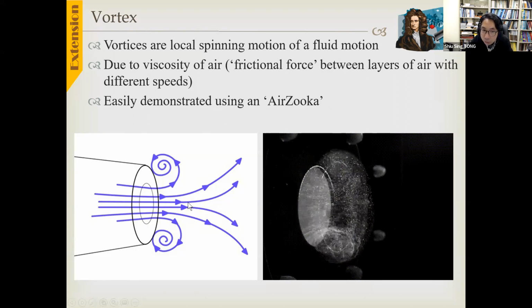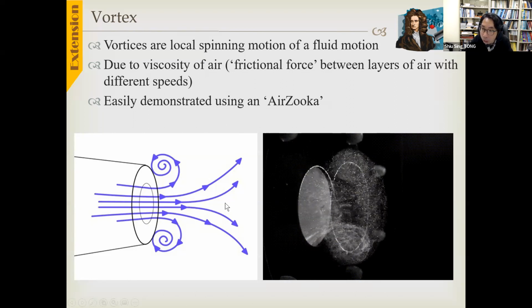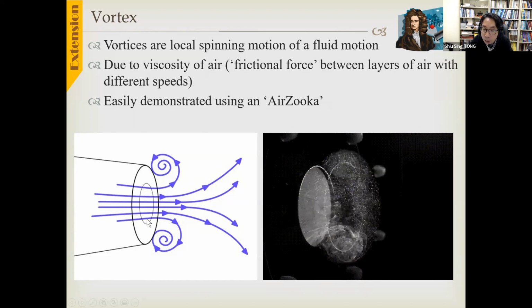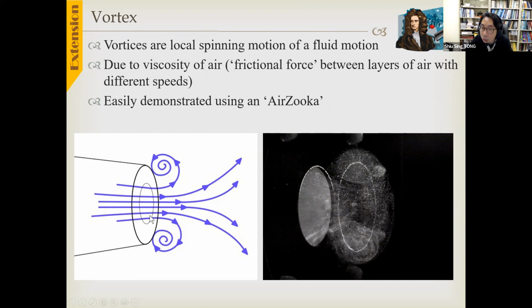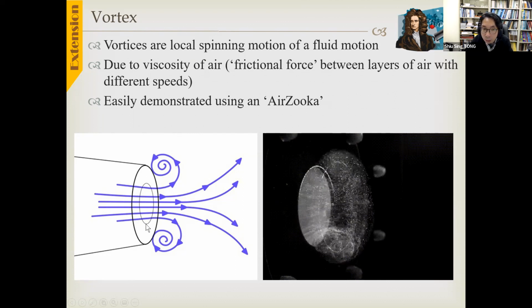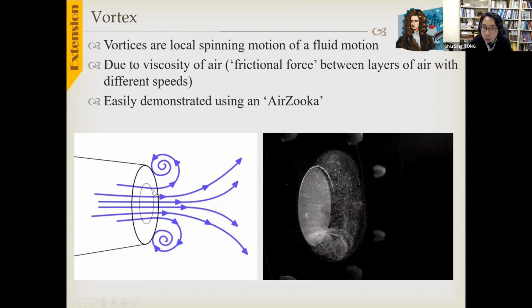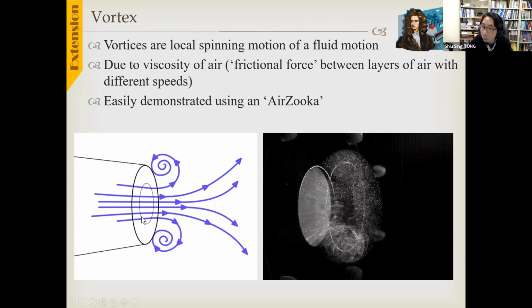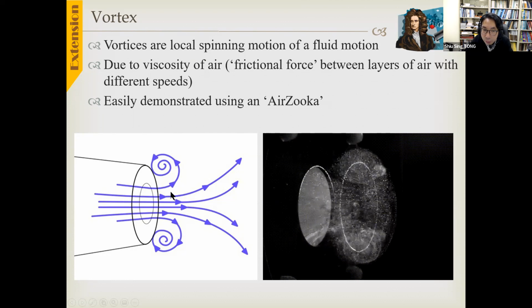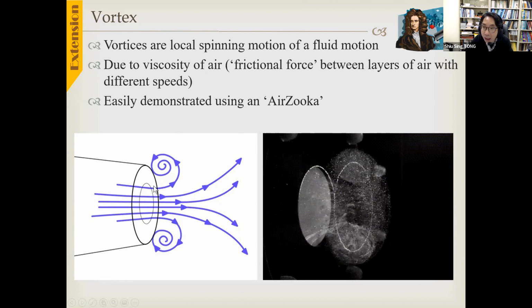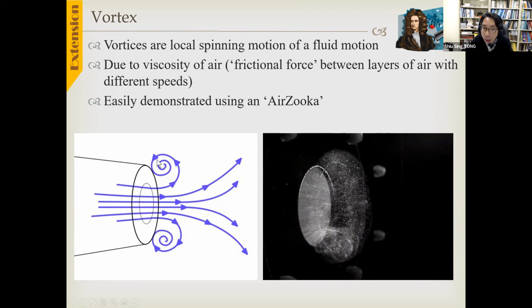It happens that the flow velocity at the center part of the hole is highest, but the velocity near the inner rim of the hole will be affected by the hole because there is a drag force due to the rim. The difference in velocity between the central part and the outer part will cause the air to rotate.